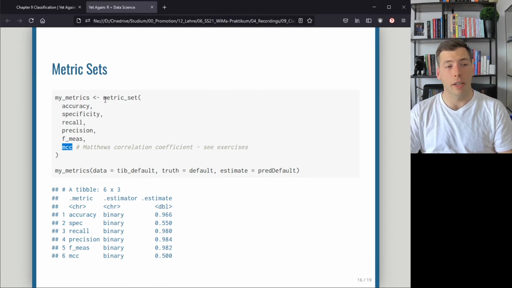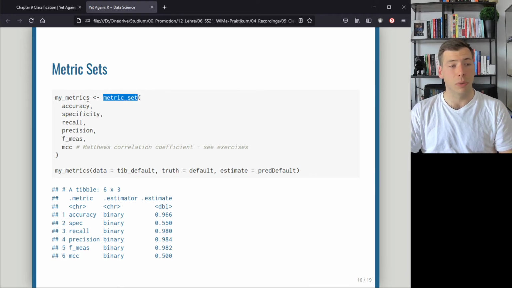And if I've computed it as a metric set, then again I can simply use this new function I've basically created now, and then again give the data, give the true value, and give the estimated value or the estimated classification, and then it will compute all of these classification metrics.